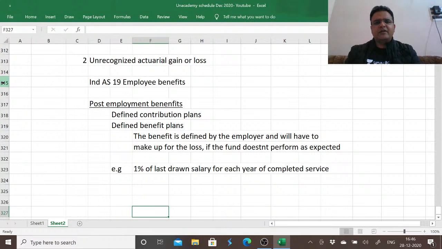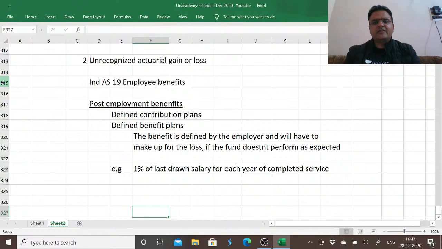The moment an employee completes 1 year of service, they become eligible to receive an amount post employment. Suppose the employee is expected to leave in 2025, but if they have completed 1 year in 2021, for completing a year 2021, they become eligible to receive an amount in 2025.